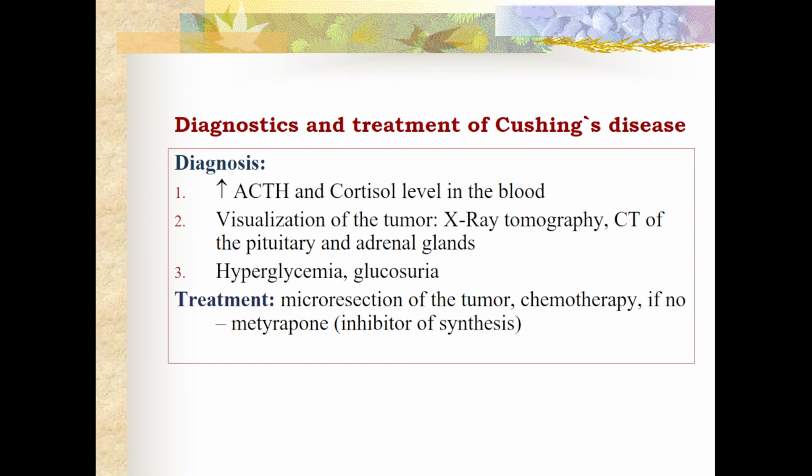Diagnostics and treatment of Cushing syndrome or disease. Diagnostics are based on increased ACTH and cortisol level in the blood, and instrumental methods, visualization of the tumor: we use X-ray tomography, CT of the pituitary and adrenal glands.